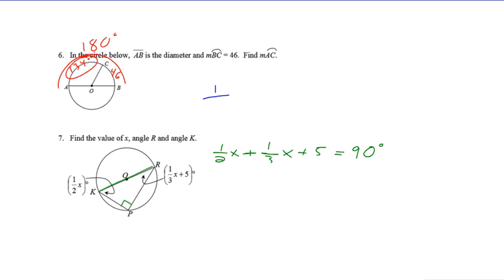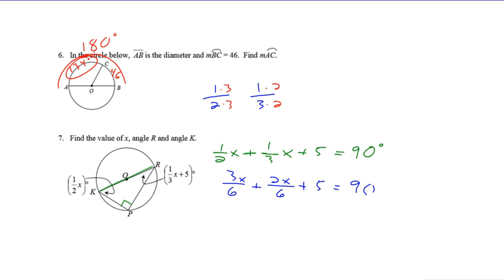1/2 and 1/3, their common denominator is 6. So in order to get this to be 6, we need to multiply by 3. In order for this one to be 6, we multiply by 2. So when we're adding our fractions here, we have 3x over 6 plus 2x over 6 plus 5 equals 90.